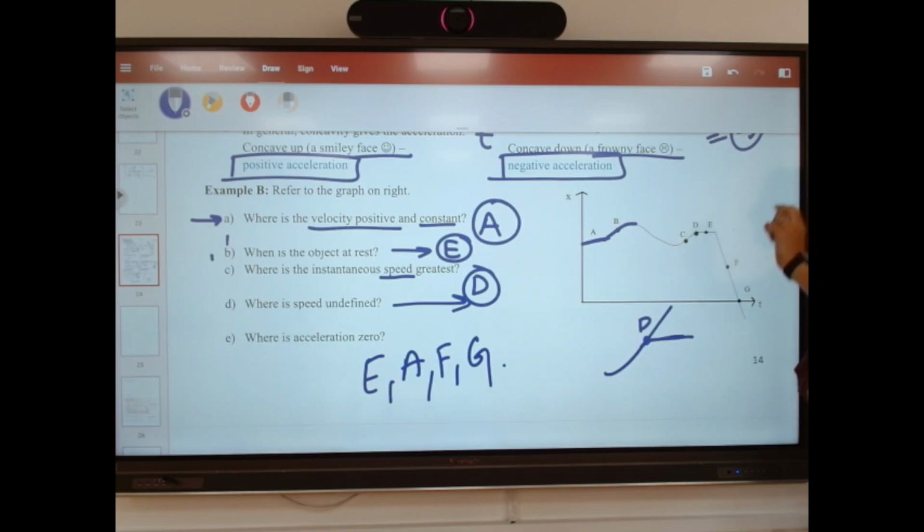So if we take D as a part of this portion, then it has the maximum slope, because from this point to this point the graph is something like this. If D lies on this part, then D has the maximum slope and therefore the speed is maximum. So why didn't you take it as part of that?